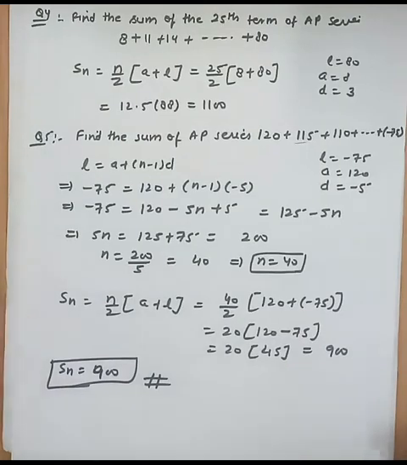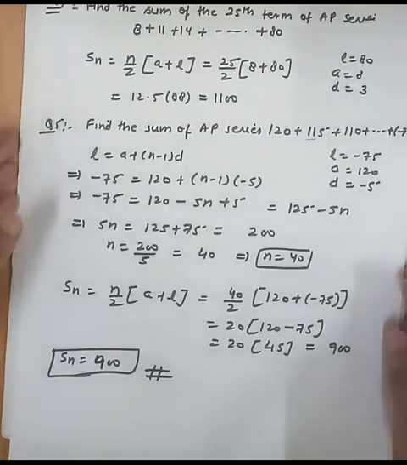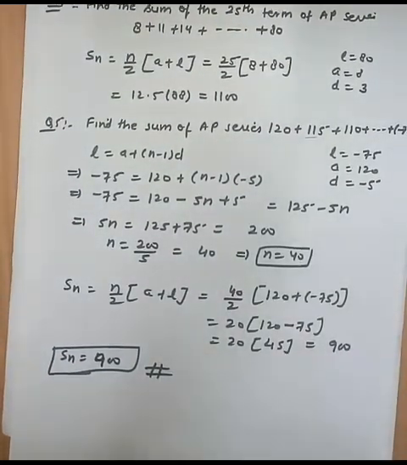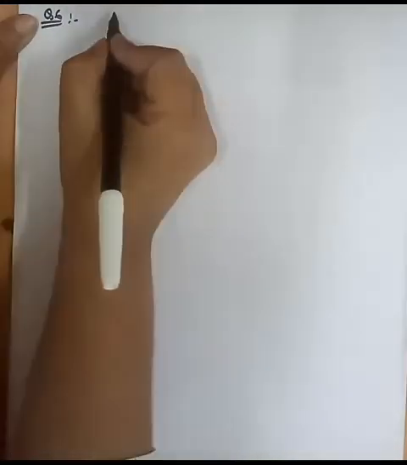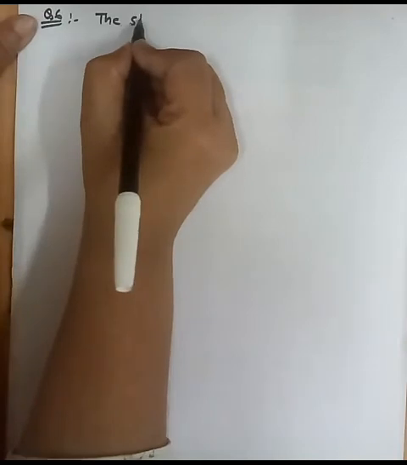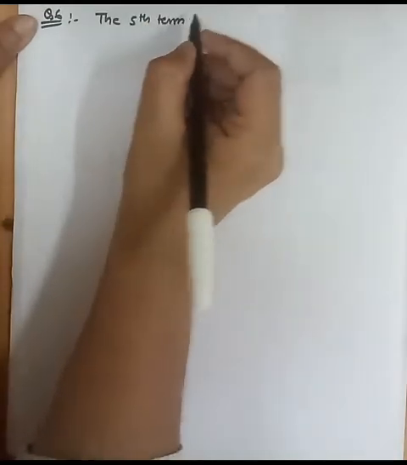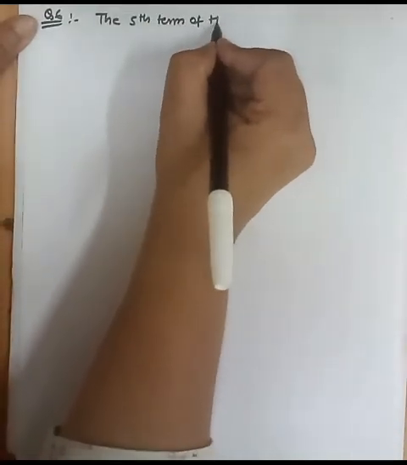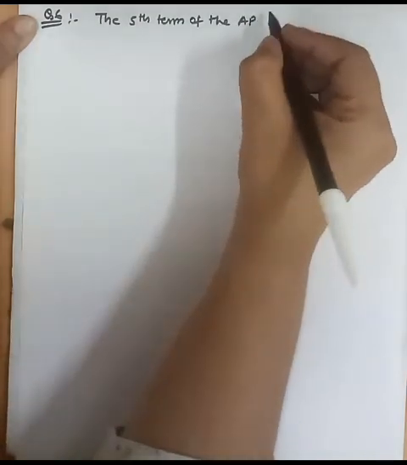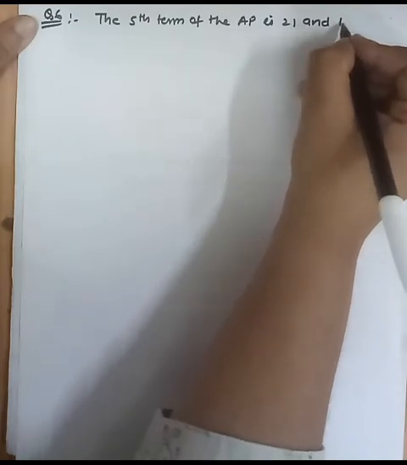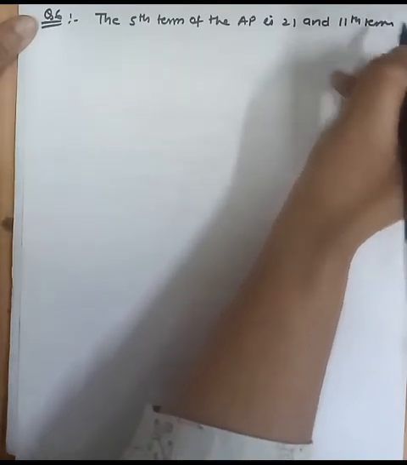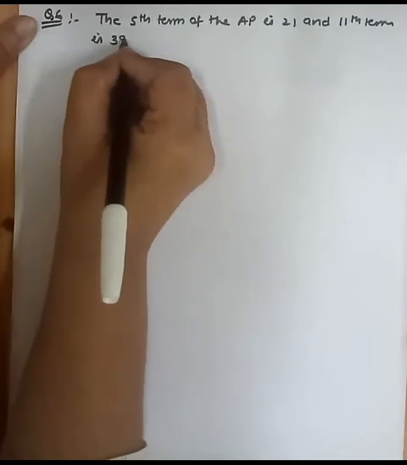Okay friends, now take the next question. Question number is, I think, 6. Question is that the 5th term of the AP is 21 and the 11th term is 39.